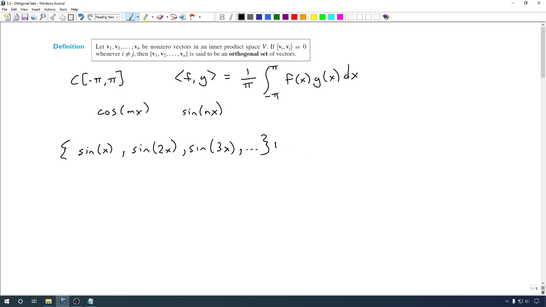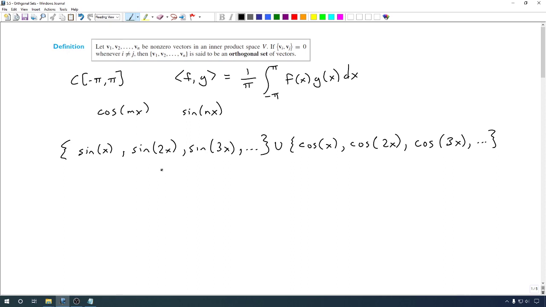And I'm just going to put the cosines as a separate set, but put a union here. I'm really just making a set of all of these. So I have cosine of x, cosine of 2x, cosine of 3x, and so on. Now, we're specifically here using positive integers.